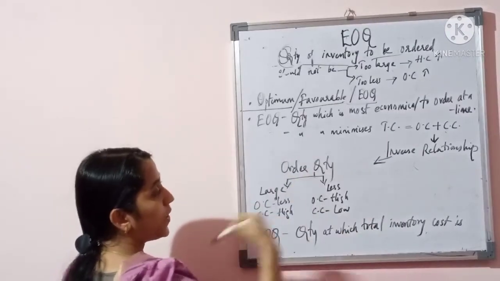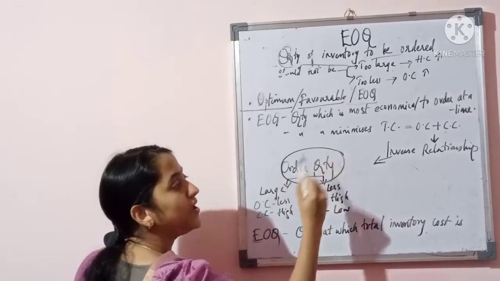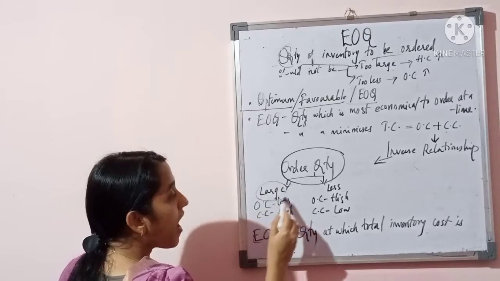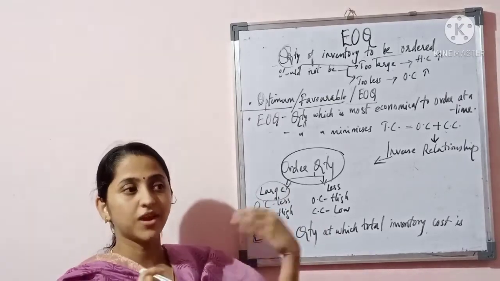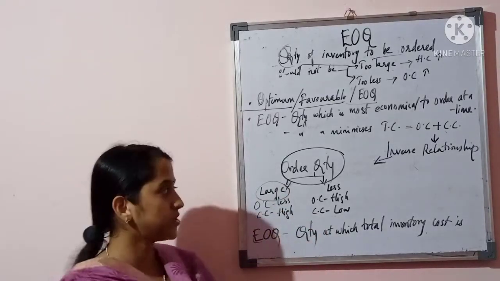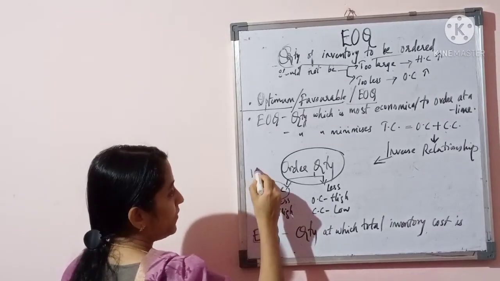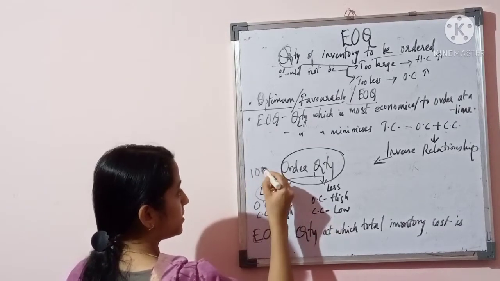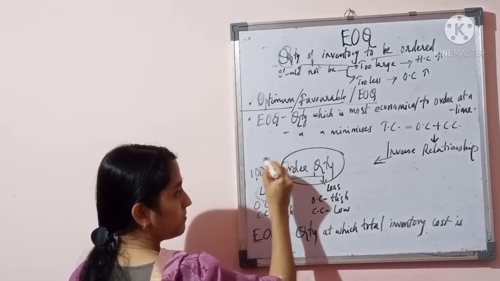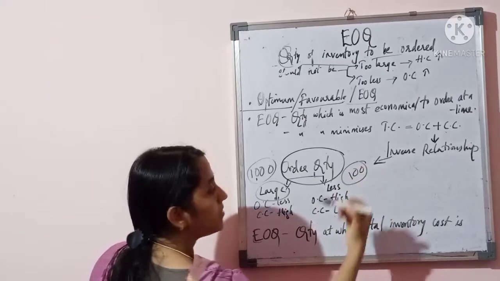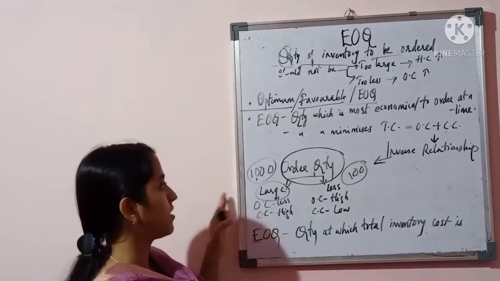If the ordering quantity, that means the quantity which we order for inventory, is large, for example, for a raw material which we purchase, we can just take an example. Too large means we order some 1000 tons, and too less, there we order some 100 tons.